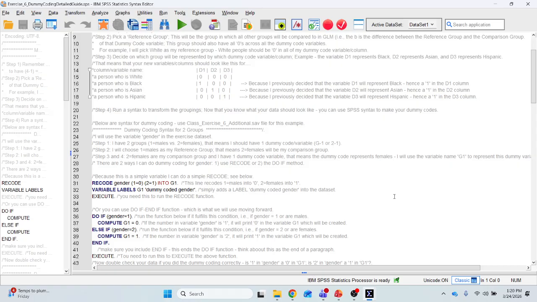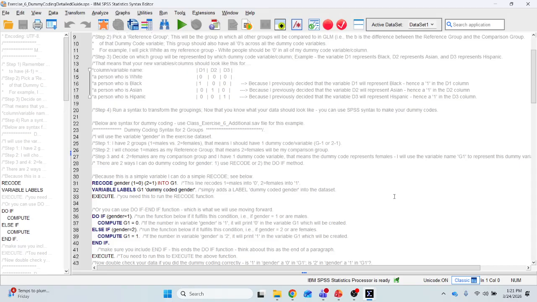Correct me if I'm wrong, I think you have 2 groups there, and a 3 or a 4 group. So you need to know how to recode, dummy code, a 2 group or a 3 or 4 group. But I'm walking you through the syntax for this one. If you want something more detailed in explanation, see exercise 6, dummy coding detailed guide.